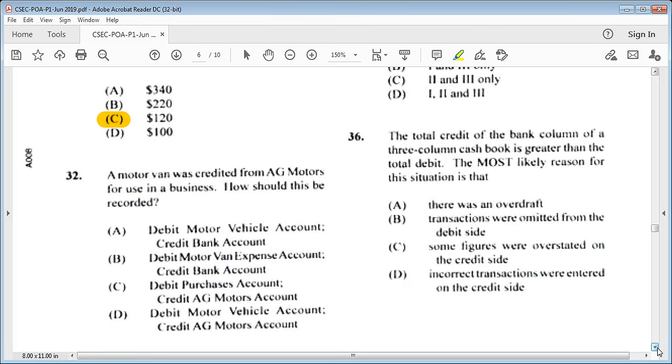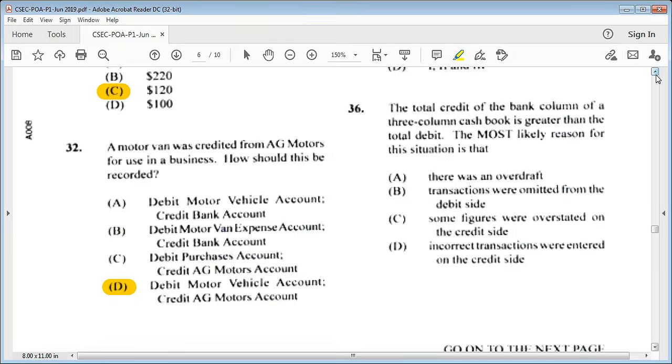So we know that it would be D. Anytime money is owed to AG Motors, until the payment is made, the entry would always be made to the supplier, which is the creditor, that would be credited. So we know that it would credit AG Motors account and debit motor vehicle account. So D. Let's go on to 33.